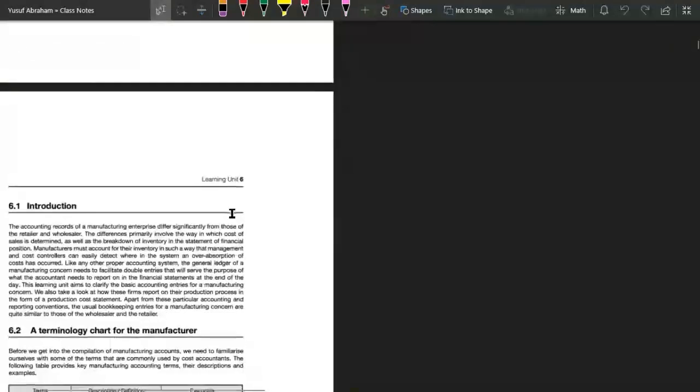It is well explained in your introduction if you've gone through it. If you've not yet gone through the introduction, you have time to catch up. But it's time to really engage with the studies so that we can be done with all the learning units and begin the prep for your final exam.